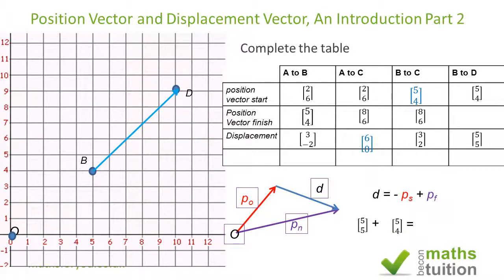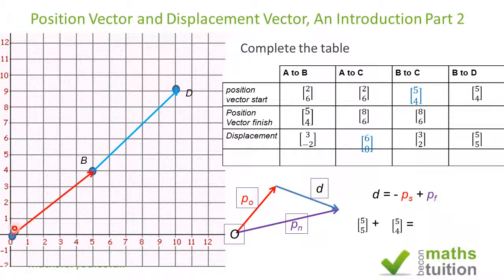So now we add the position vector of the aircraft with reference to the control tower, and that's (5, 4), and that's P_S. That's 1, 2, 3, 4, 5, 1, 2, 3, 4. So that's the position vector of town B, that's P_S.